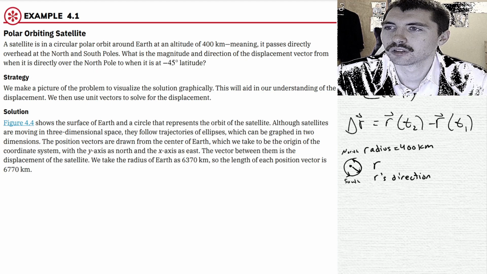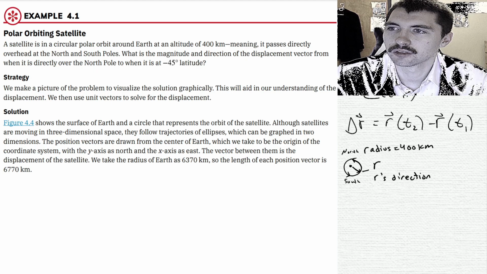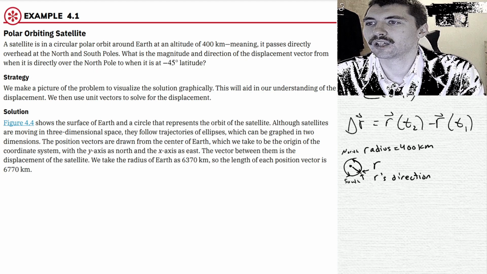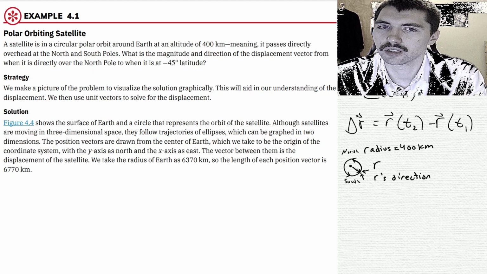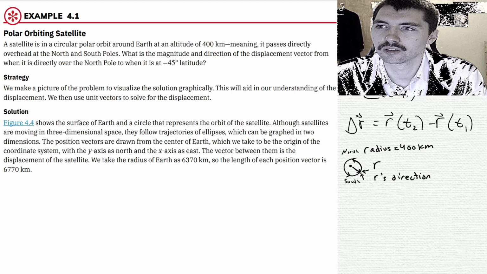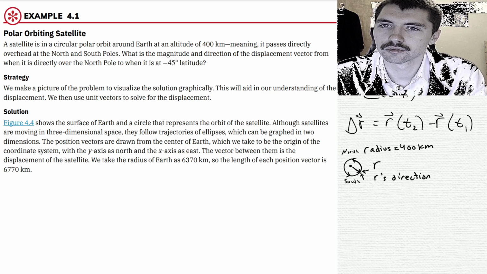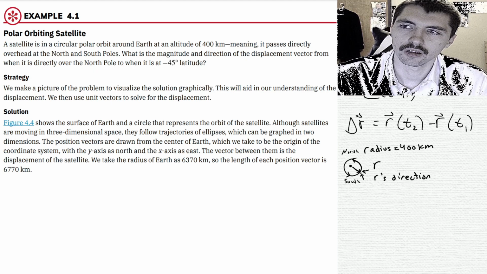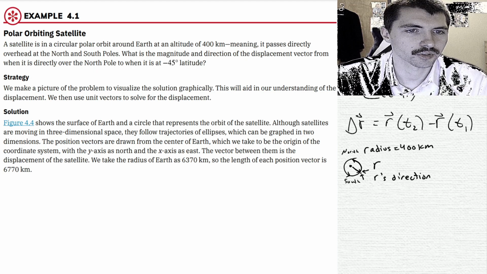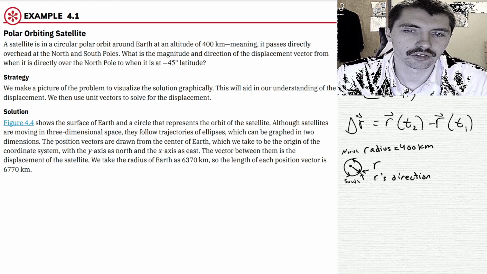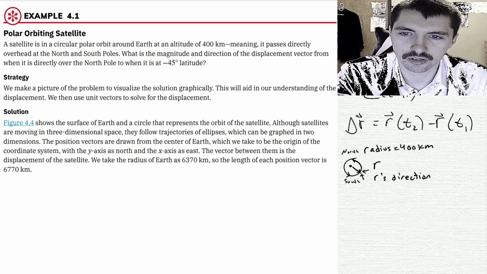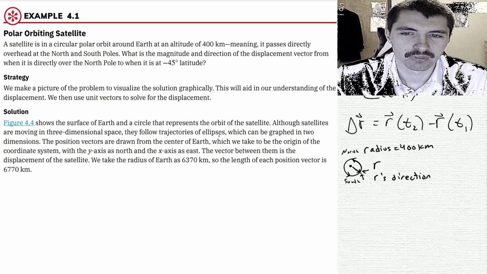So when the satellite is here, what's the magnitude of this vector? And what's the direction? Kind of a lot to this. So we picture the surface of Earth. I think they make their own picture. We graph in 2 dimensions.